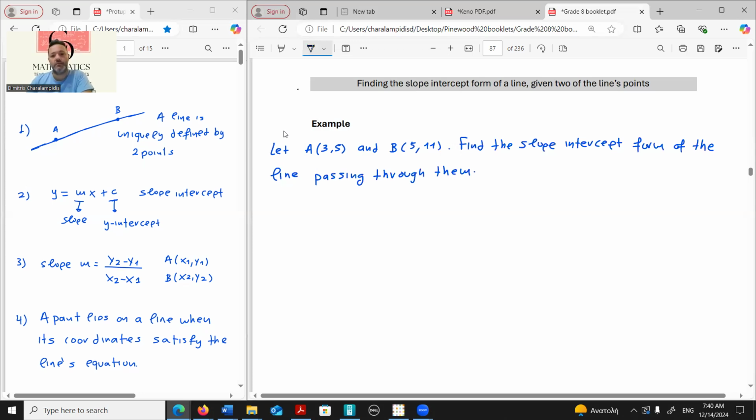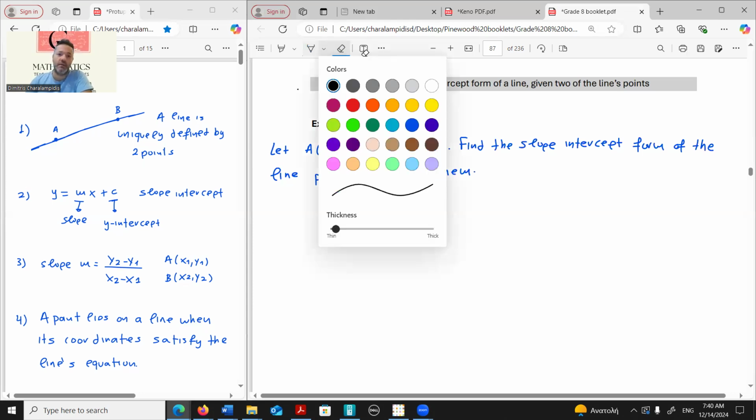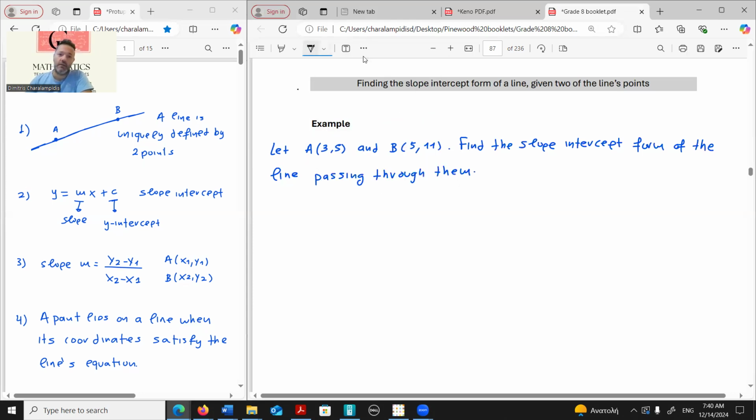And let's now solve the exercise. Oh, sorry, I wrote that in Greek. Solution. So we need to find the slope-intercept form of a line, which means that slope-intercept form is the form y equals mx+c.